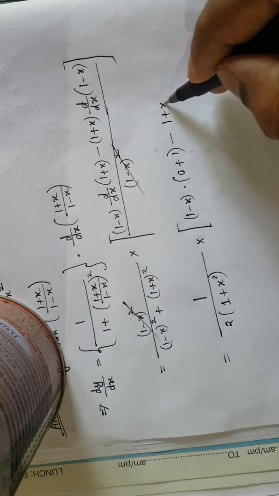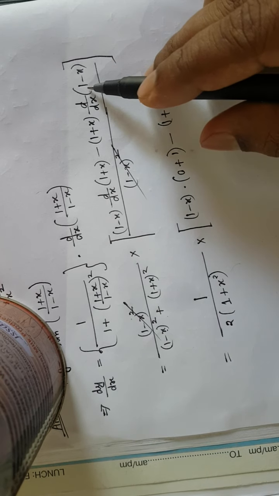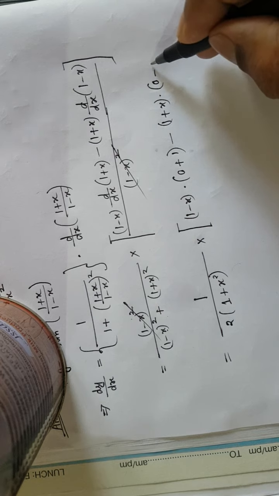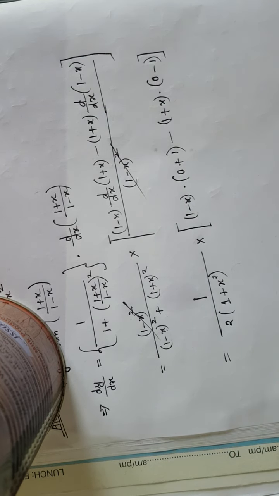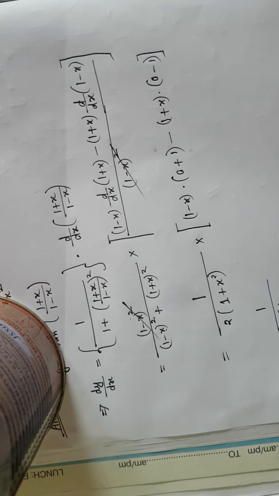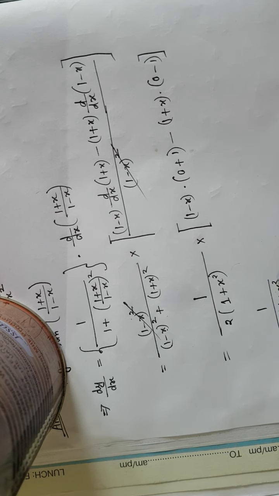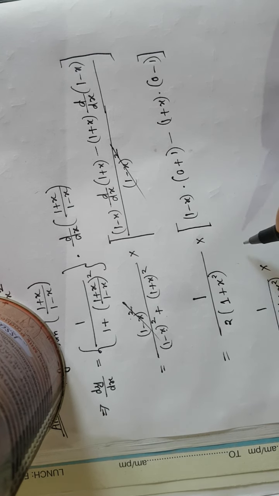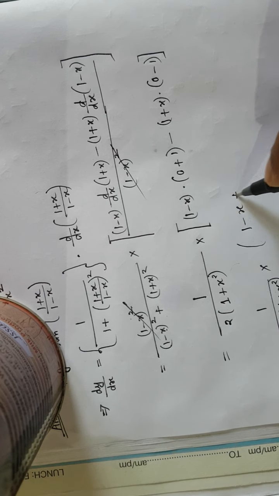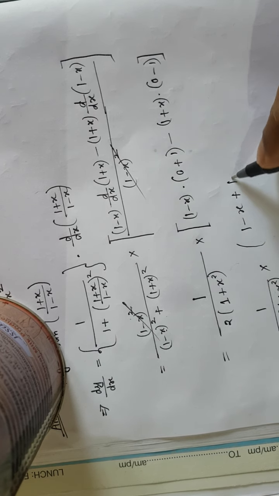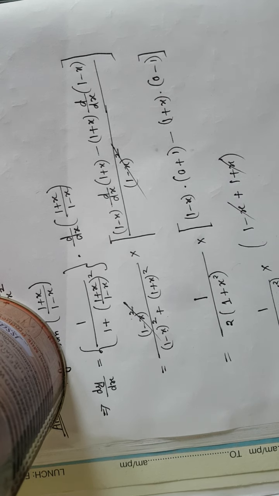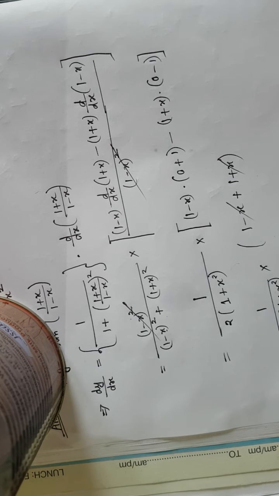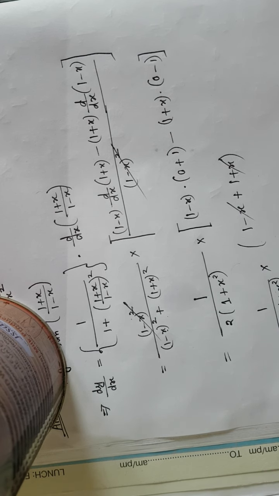Again 1 plus x multiplied to, for 1 it is 0 and for x it is minus 1. Why minus 1? Before x it is a minus sign. Now if you see, this is 2 times 1 plus x square. This is 1 minus x, minus minus plus, this is 1 plus x cancelled. This is 2 and 2 cancelled. Answer is 1 by 1 plus x square.